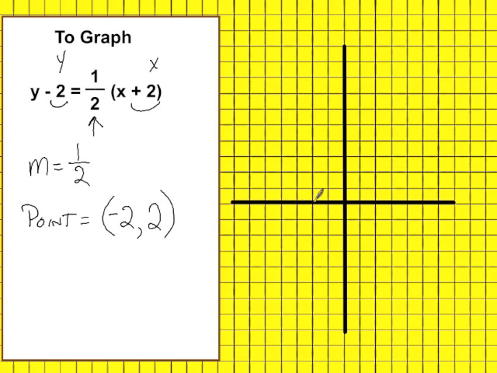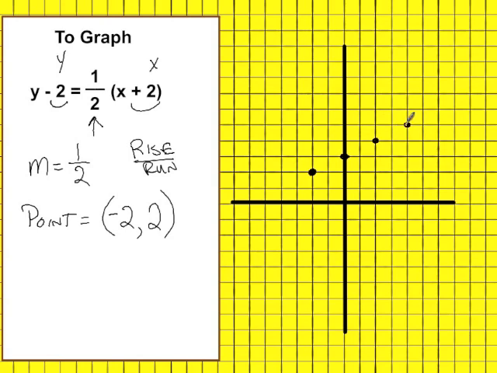To graph this, we're going to plot -2, 2. Make our point. We have a slope of 1/2, so our rise over our run: we're going to rise 1, run 2.